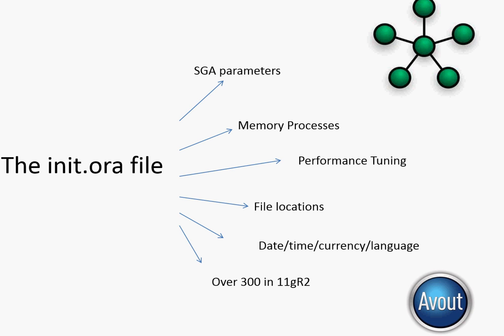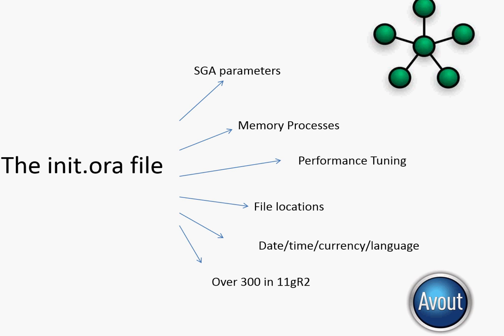Most of the parameters inside the init.ora file can be changed. Some of them can't after we've created our database, but most of them can be changed and adjusted. Some of them can be changed and adjusted on the fly while the database is actually up and running. We're going to take a look at that coming up.